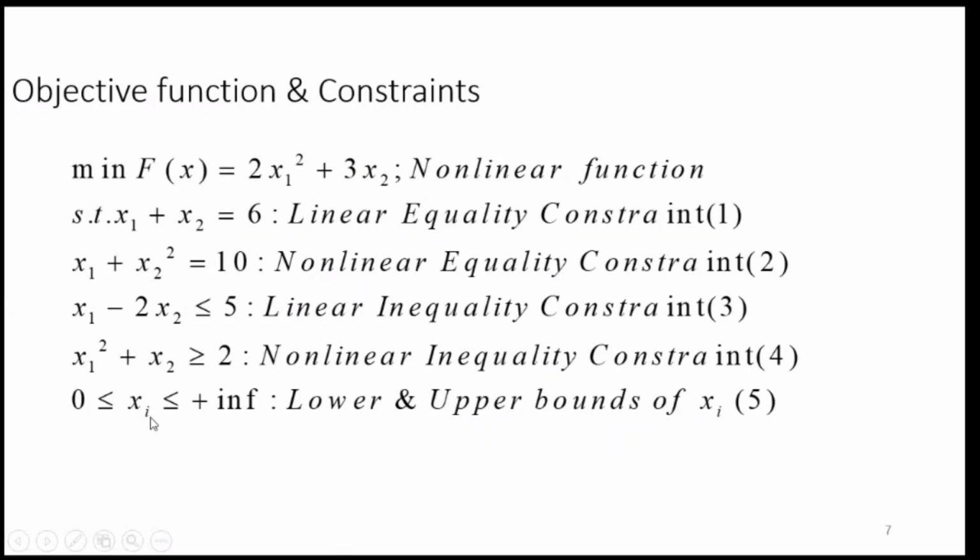And every variable x will have some minimum limit. A variable lies between its minimum and maximum limit. So in any optimization problem, when you define any variable, its minimum range and maximum range should be specified. It should be known.